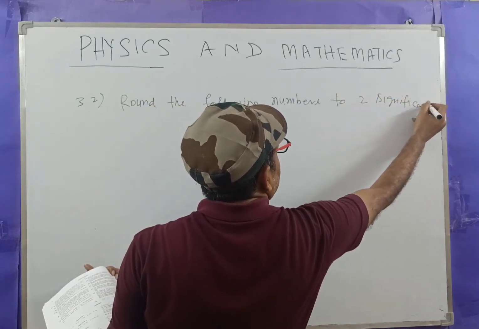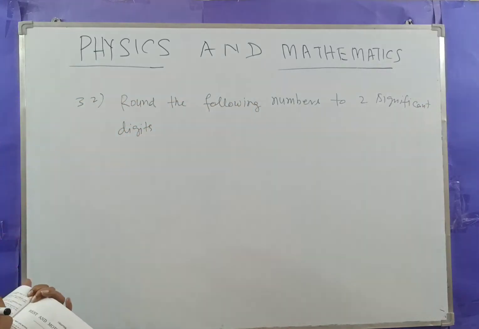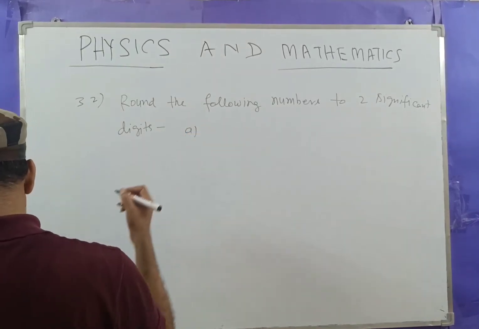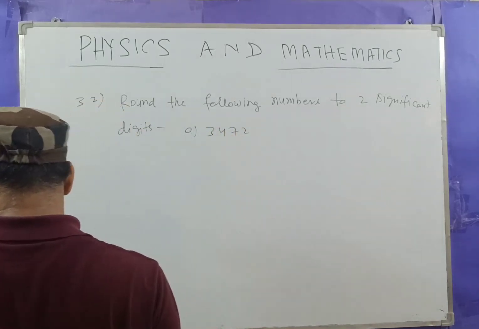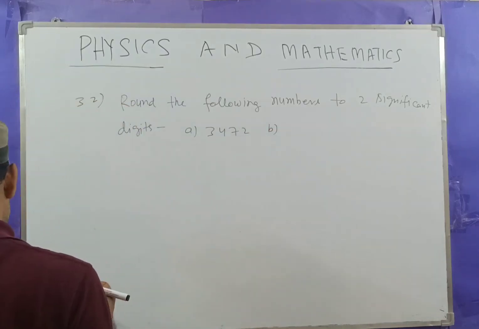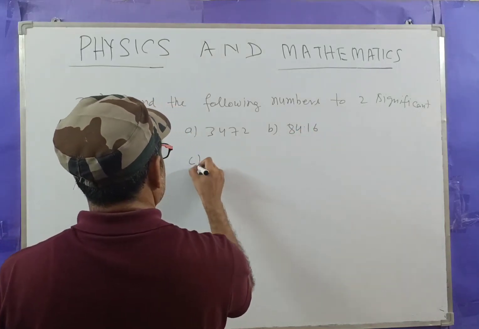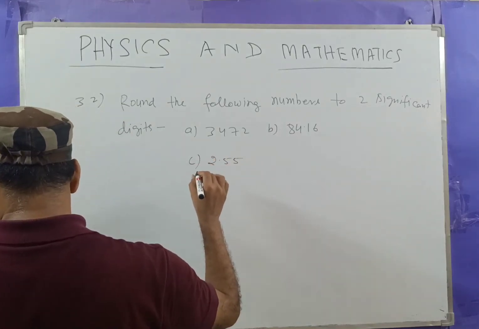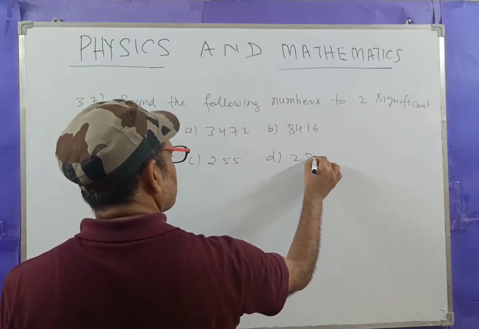First is 3472, B is 84.16, C is 2.55, and D is 28.5.